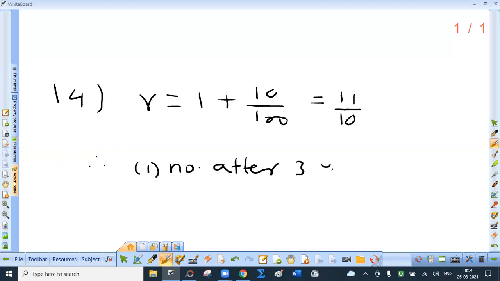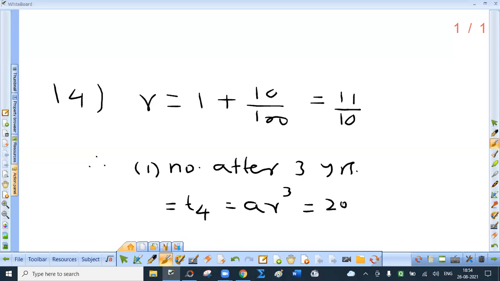After the first year, in the beginning, the first term T1, which is small a. After 1 year, T2. After 2 years, T3. After 3 years, T4. And what is the formula for T4? ar raised to 4 minus 1, that is ar cube.